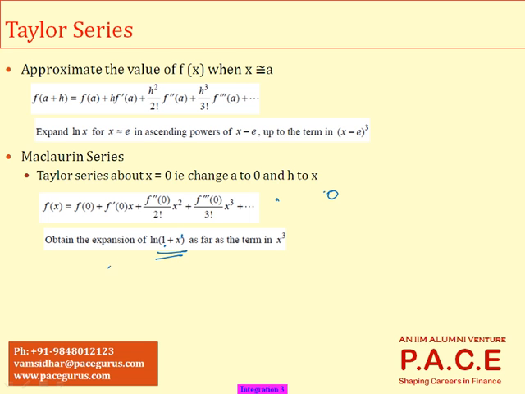Now I need to check it out for x equal to 0 itself. So in the same way, if I try in the Taylor series itself, if I put a equal to 0 and h equal to x, it comes out to be the same. So log 1, it is 0. So the first part is 0 for me.